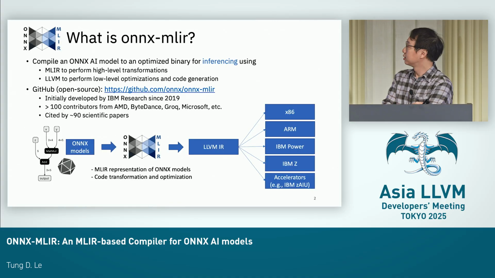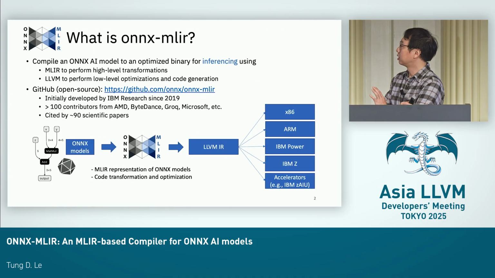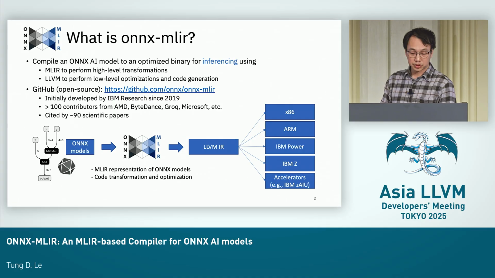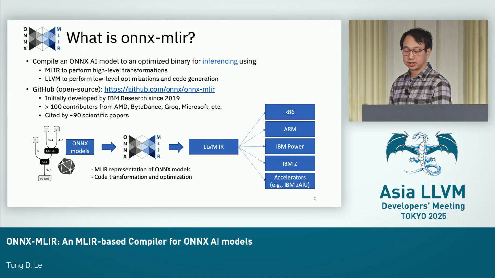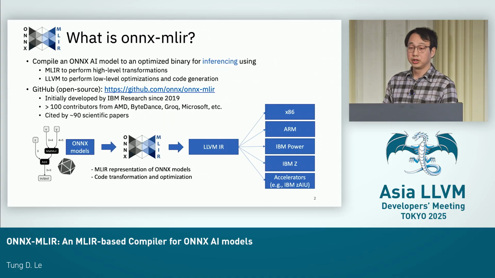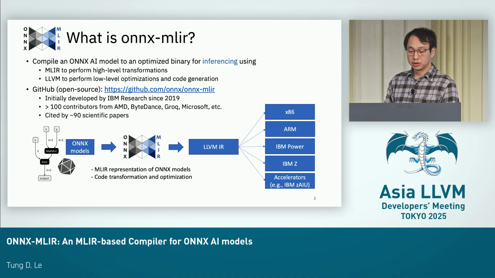So ONNX-MLIR is a compiler. It takes a model in the ONNX format and compiles it into an optimized binary for AI inference. ONNX models are computation graphs, and ONNX is used for model exchange. So we would like to provide a backend for deploying these models efficiently.